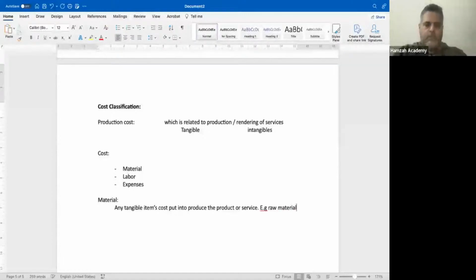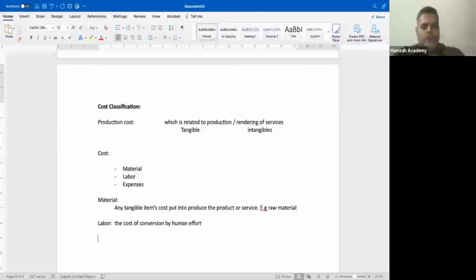Then we have the labor, that is the cost of conversion by human effort. It's called the labor cost.